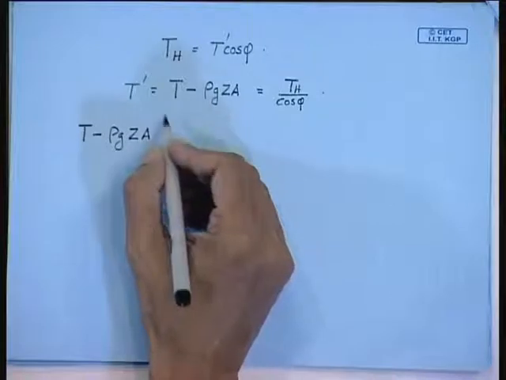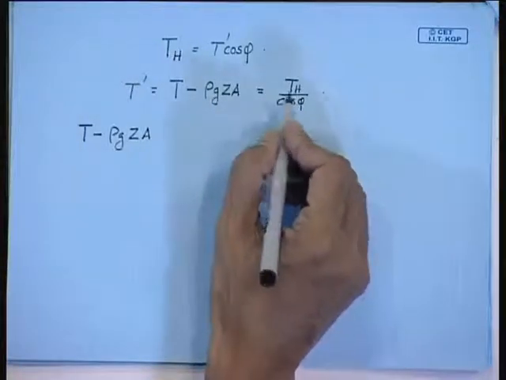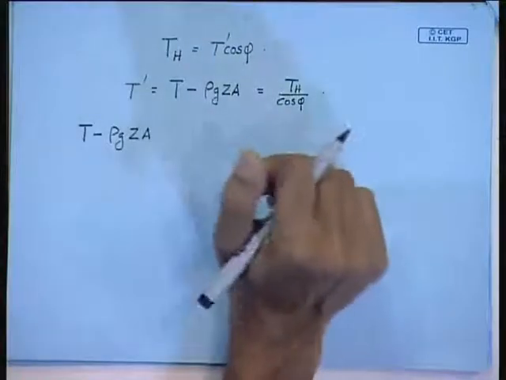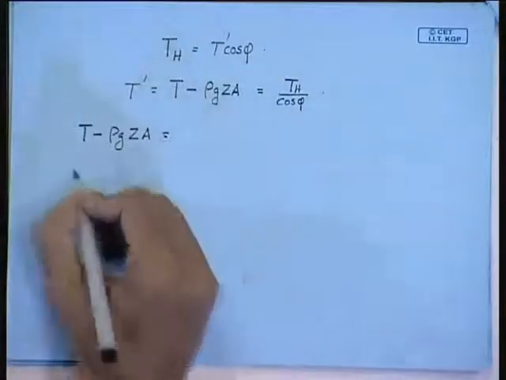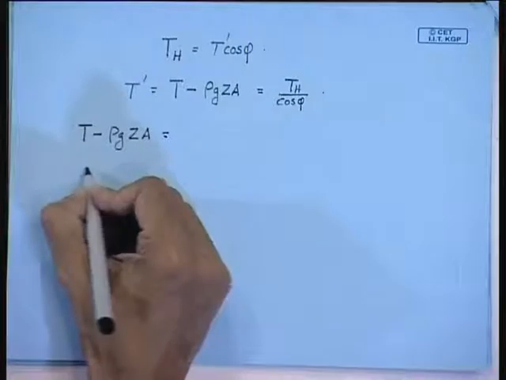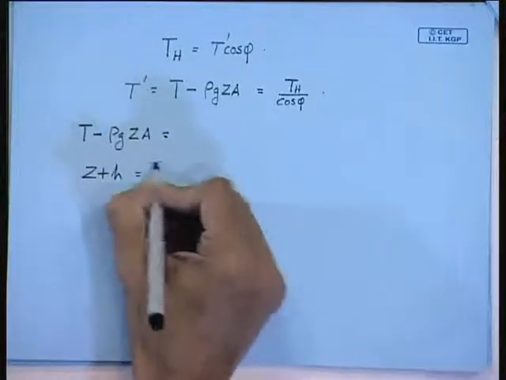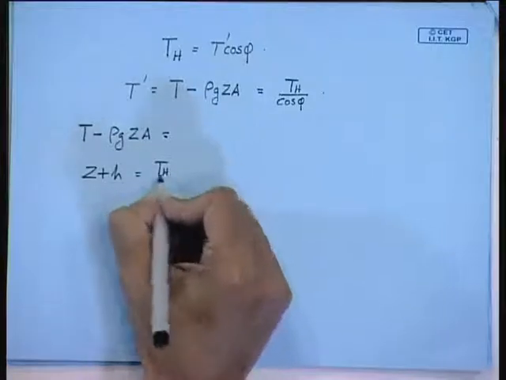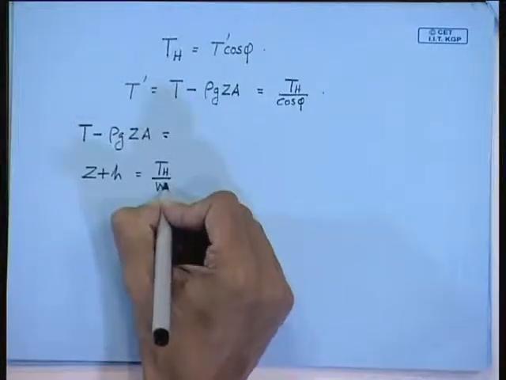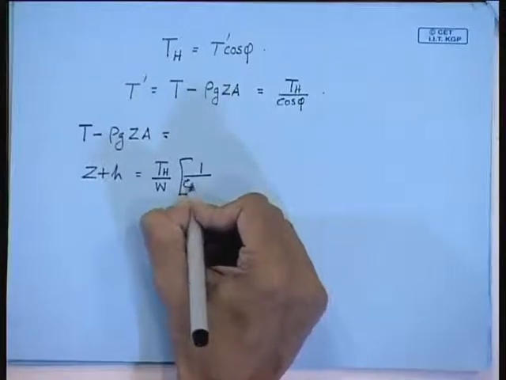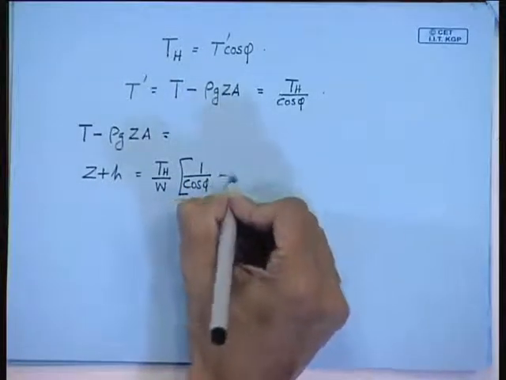So T minus this is equal to T prime TH by cos phi. So what is this expression for TH by cos phi? So this you find out from this. So Z plus H is equal to TH over W, 1 by cos phi minus 1.